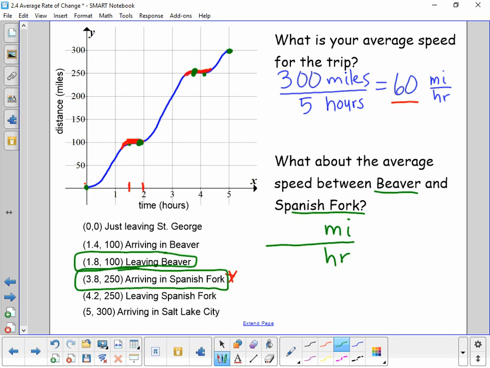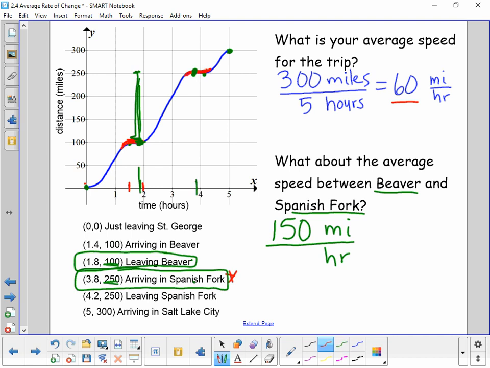Well, between Beaver and Spanish Fork, it's about 150 miles, and you could eyeball that from the graph. The distance here is 150 miles, or you could look at those points down there between 100 and 250 miles. And the time that it took, if we eyeball it, is about 2 hours.